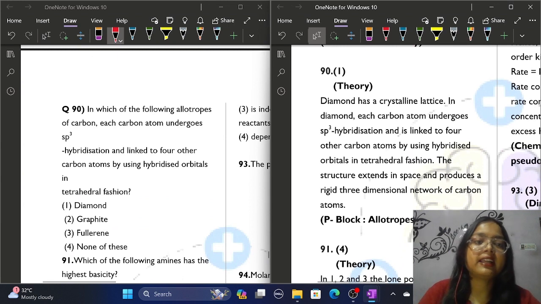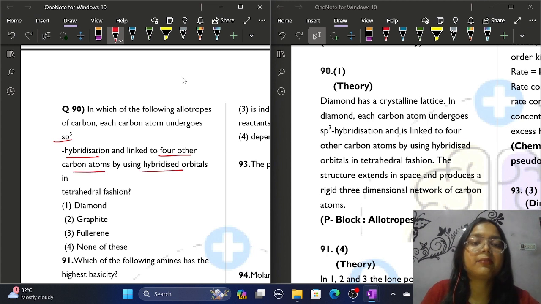In question number 90, which of the following allotropes of carbon has each carbon atom undergoing sp3 hybridization and linked to 4 other carbon atoms using the hybridized orbitals in tetrahedral fashion? So it is asking which allotrope of carbon has sp3 hybridization as well as being linked to 4 other carbon atoms in tetrahedral fashion.